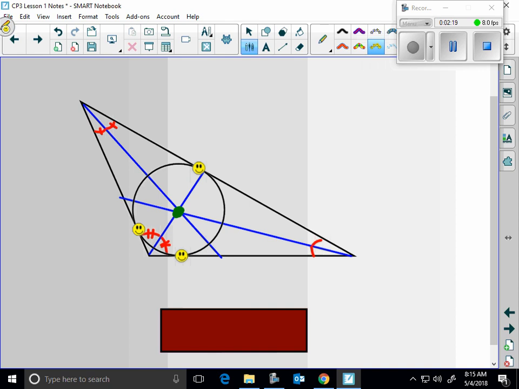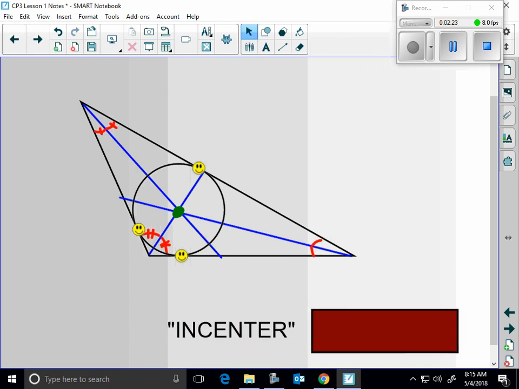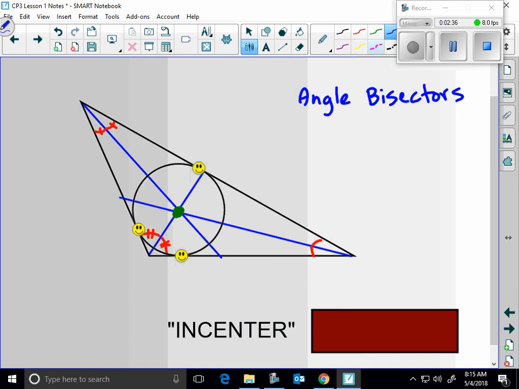This green point is called the in-center. That's the name of that green point, the in-center. So the angle bisectors of a triangle form the in-center.